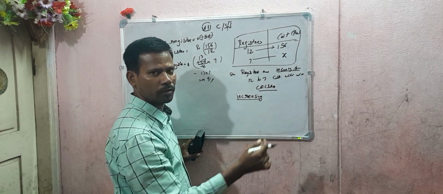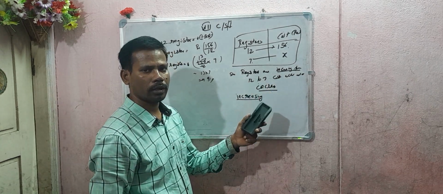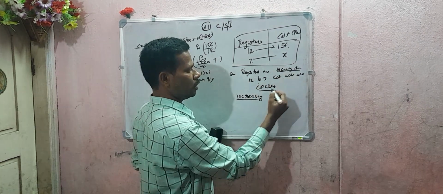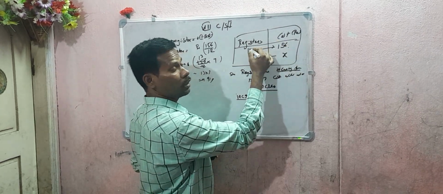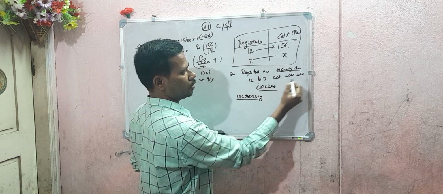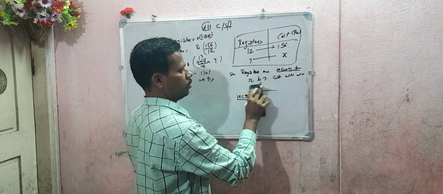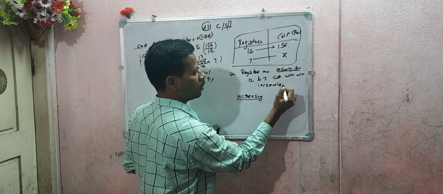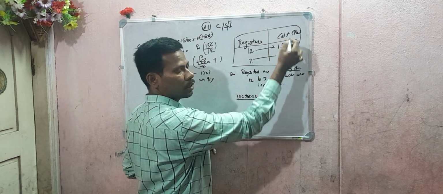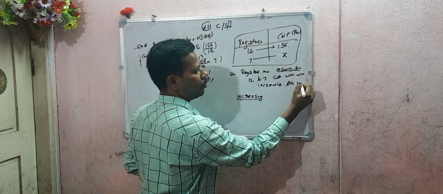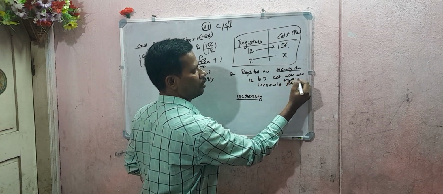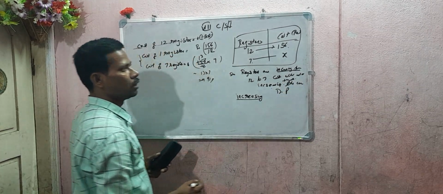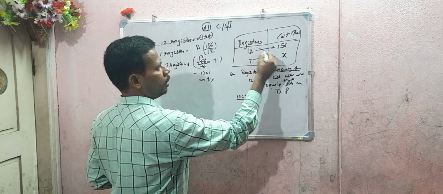I am writing a little fast, so don't bother about my handwriting. So the cost is increasing, registers are increasing, cost will also increase. Therefore they are in direct proportion.